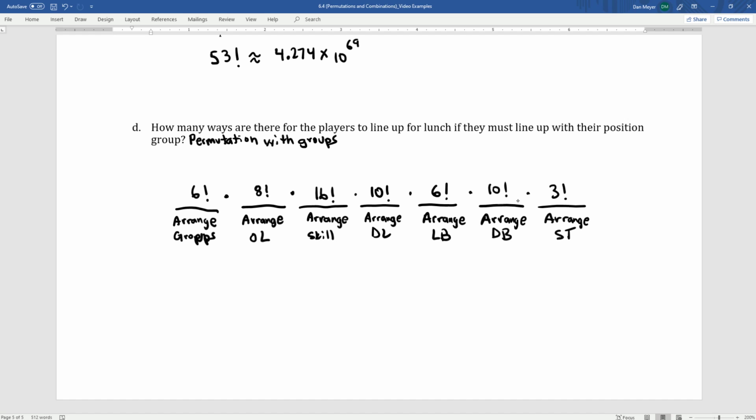Now I just realized in my notes I forgot to take into consideration the special teams guys, so I've got to do this again on my calculator. We've got 6 factorial times 8 factorial times 16 factorial times 10 factorial times 6 factorial times another 10 factorial and then times 3 factorial.